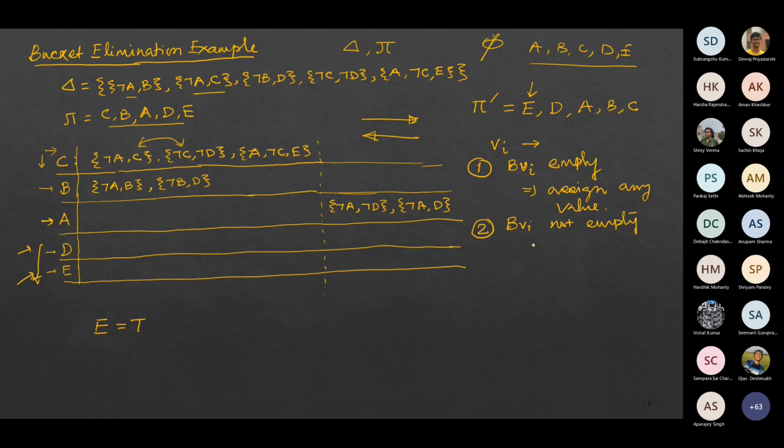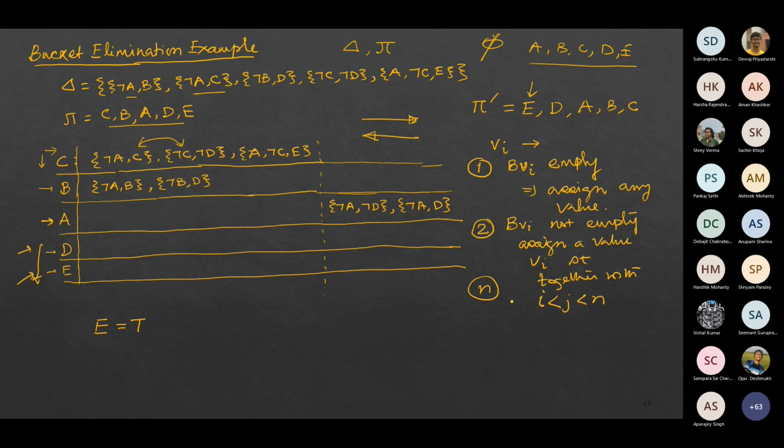So we assign a value Vi such that, together with the assignments of variables j, where i is less than j less than n, so let us assume that we have got n variables in our database or knowledge base.